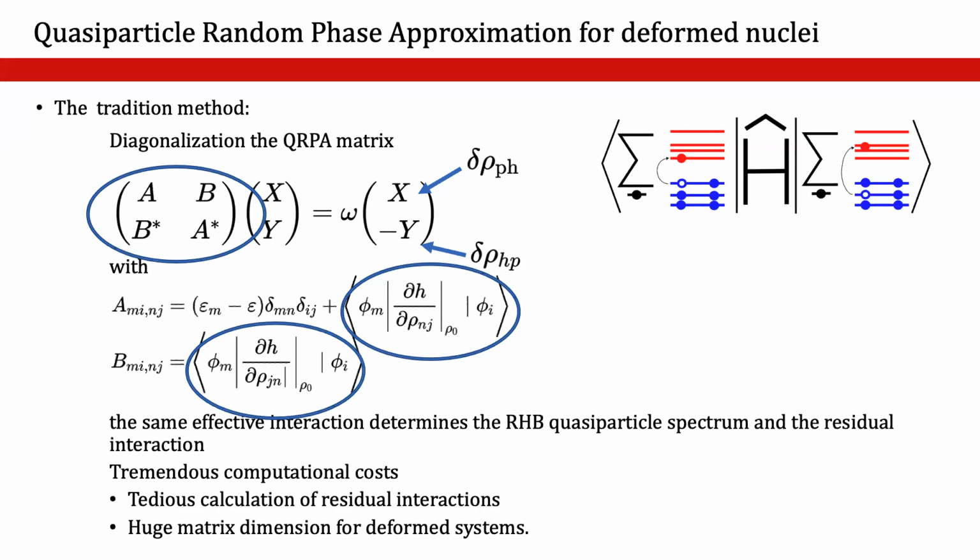And as we know, the larger matrix is difficult to solve. So this increases fast and makes the calculation difficult. This made it very, very hard to have a systematic study for collective motion at the mean-field level.